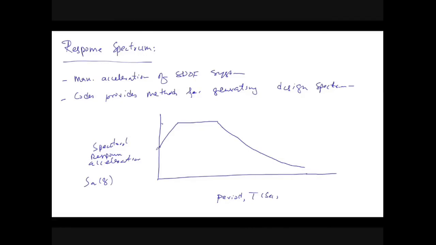So where it starts, if we look at the current building code of Pakistan, there are terms CA, CV. And in terms of the IBC, let me just mention that for the IBC. So IBC gives here that the design spectral acceleration, which is the plateau value, is equal to SDS, while the value at T0 is equal to 0.4 SDS.